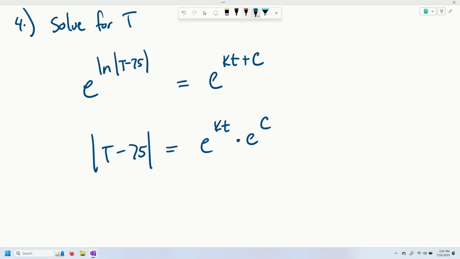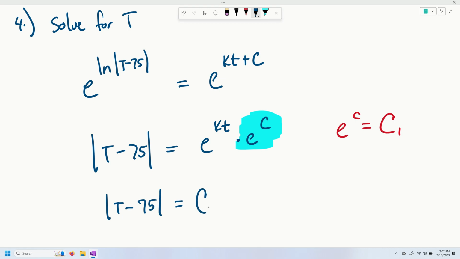But what I'm going to do is take this e to the C and rewrite it as C1. So we get the absolute value of T minus 75 equals C1 e to the Kt.